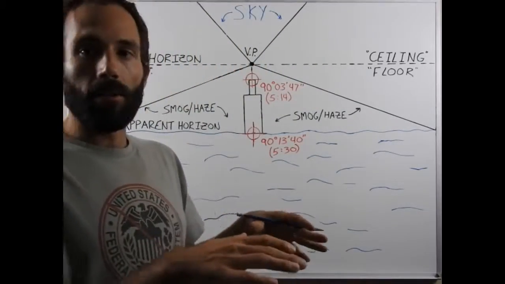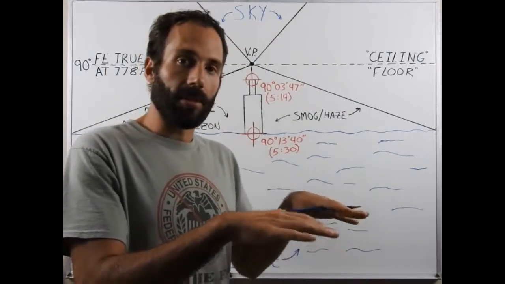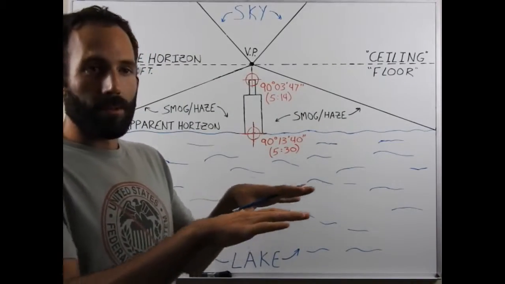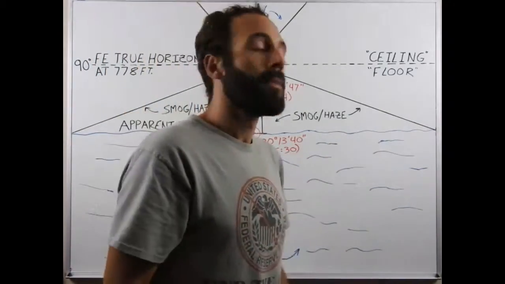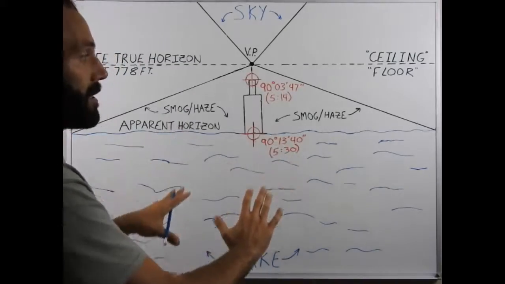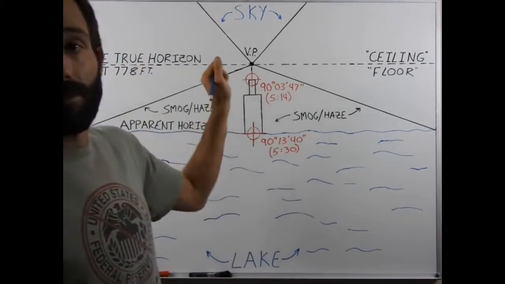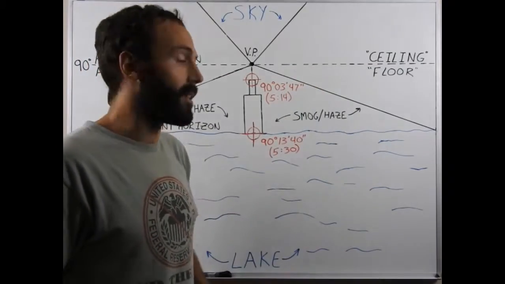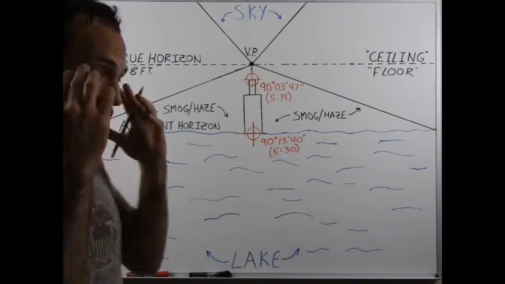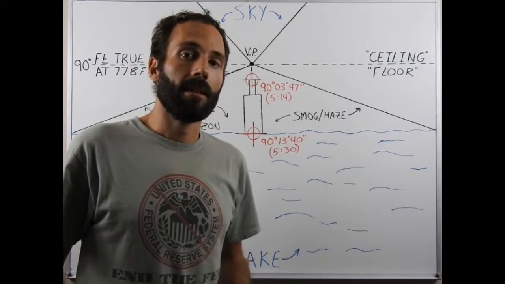And when we look down a hallway, a flat level surface, we see the hallway floor slope up towards the end of the hallway. When we look at this lake, we see it slope up towards the horizon, whether that's the apparent horizon or the true flat Earth horizon, if you're assuming a flat Earth. Our eyes are very good at seeing planes.